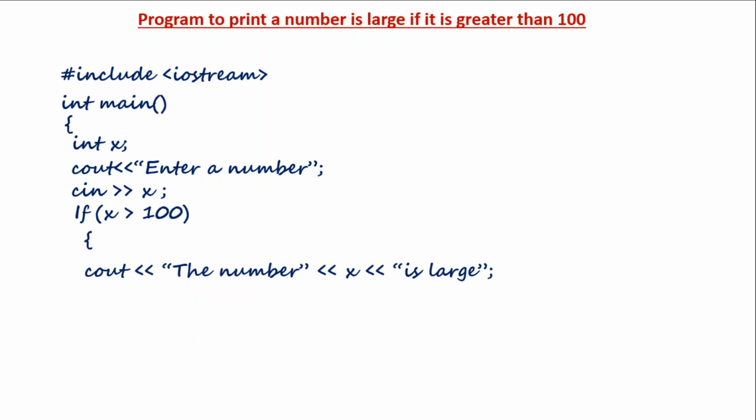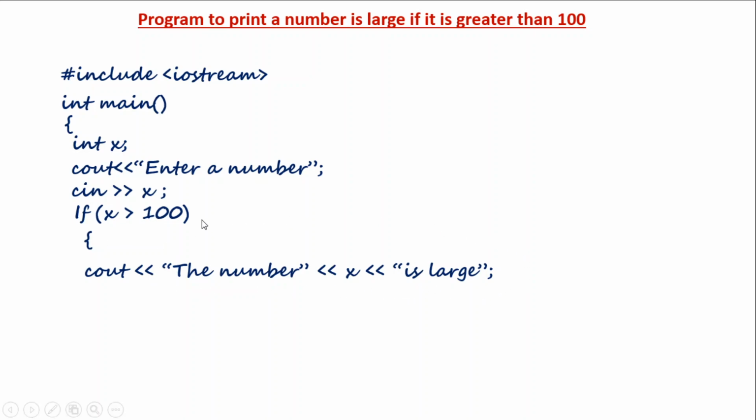But I wrote this as the number, then I put the insertion operator, then I put the number x. So whatever the number is, suppose the number I enter is 20, then it will show the number 20. Again, it has to show, written as a string, is large. So this is how we can write that, right?